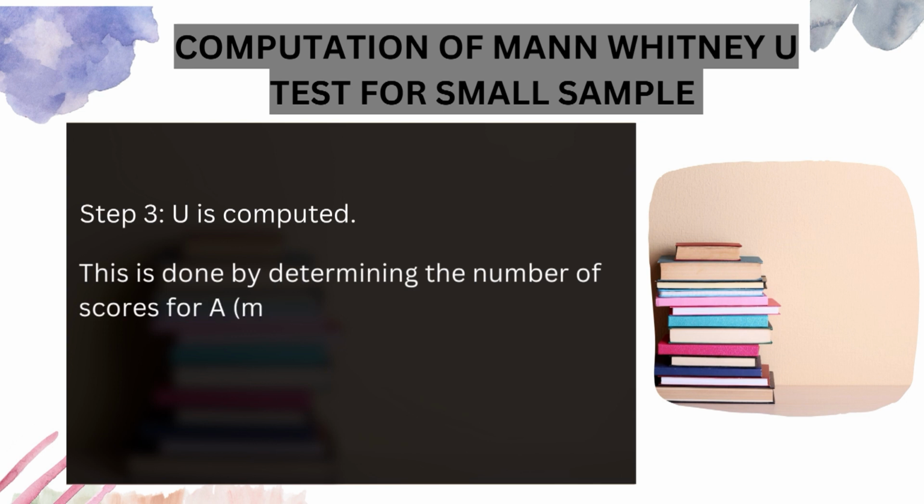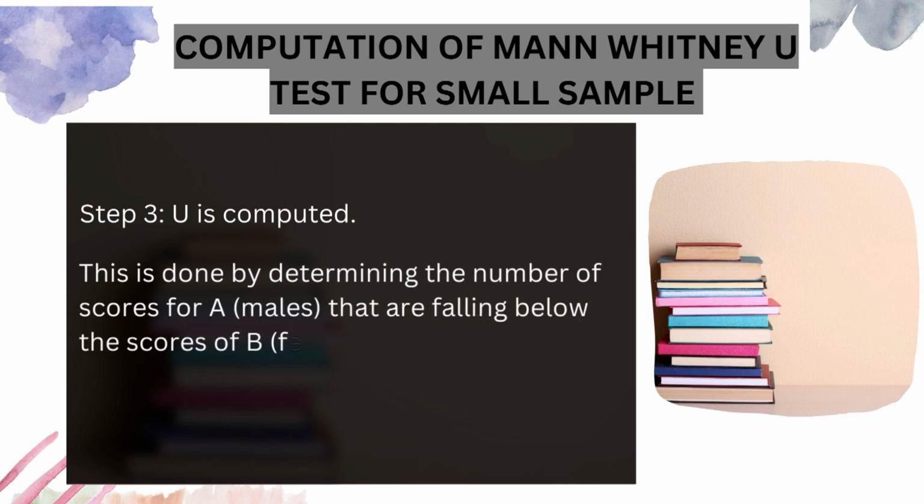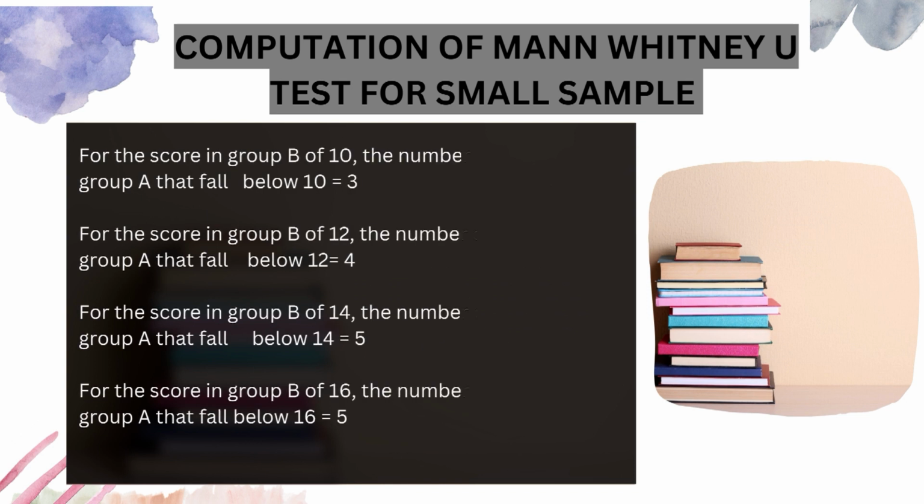This is done by determining the number of scores for A, males, falling below the scores of B, females. It is done as follows.